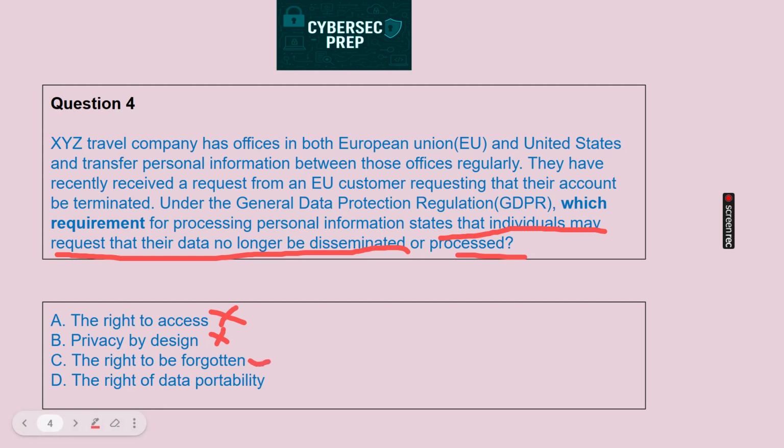So for now this looks like a correct answer, but let's look at the remaining option, the right of data portability. The right of data portability is a right given to the individual so that they can ask the controller to port their data. So this is again not a correct answer. So the correct answer for this question is C, the right to be forgotten.